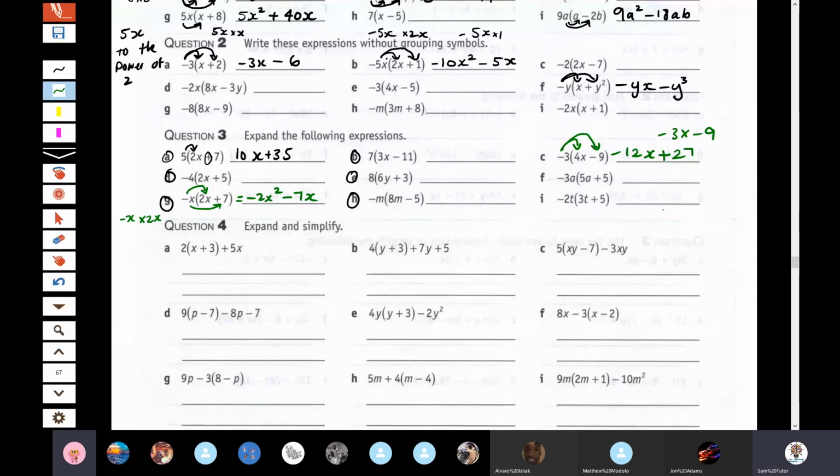Same here. Negative 3 times 5 is negative 15 a squared. Negative 3a times positive 5. Negative 3 times 5 is negative 15a.